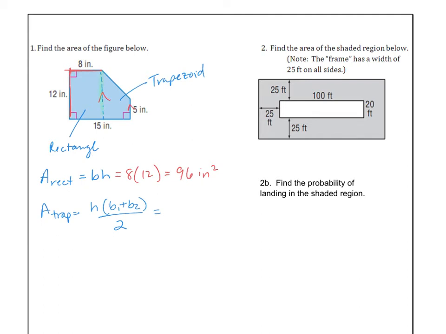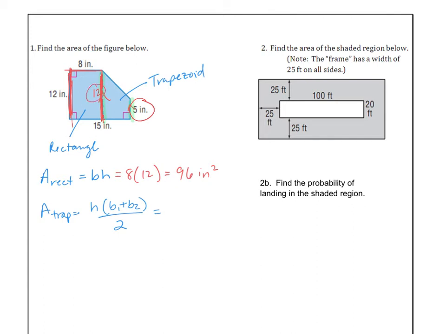Let me give them a little green, those 2 green things. Those are the bases. So I can see one of the bases over here is 5, but I need to know this other base right here. But if you slide this 12 over, wouldn't this also be 12? So bases are 5 and 12.